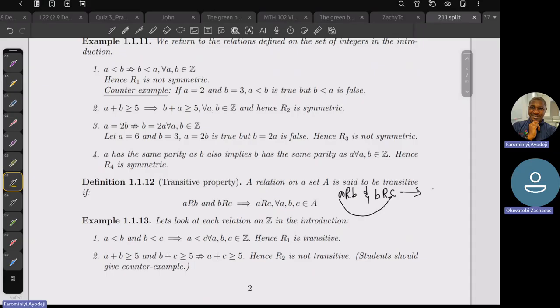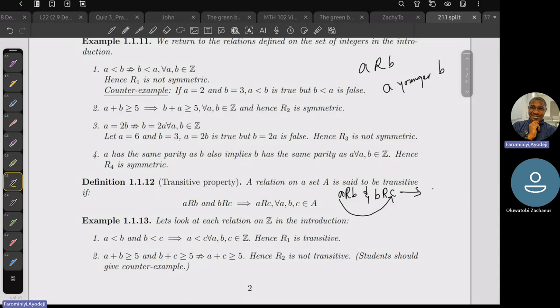If I'm still talking about family, so firstborn, secondborn, and thirdborn. So A is related to B if A is younger than B in your family.